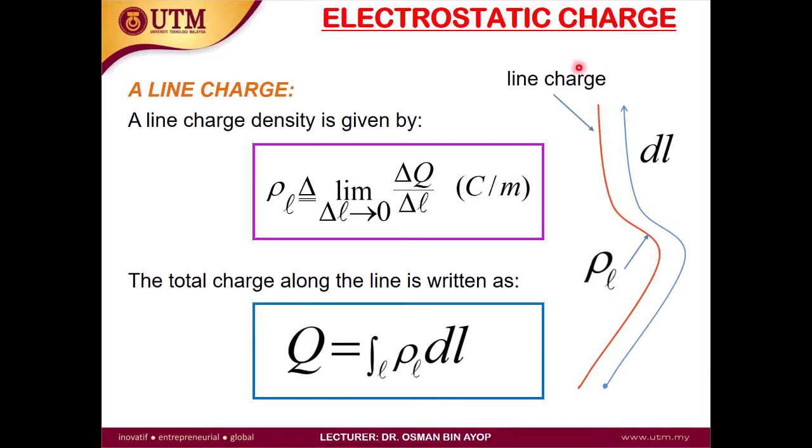Let's say I want to find the Q just at this part, so the dl will be from here to here. If I want to find the total Q inside the line, I will integrate over the whole length. Something like that, integration, whether you want to find just a partial or all.